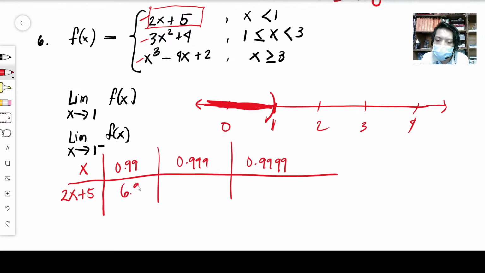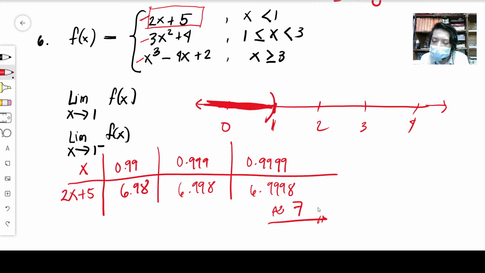Now when x is equal to 0.999, the value of your function is 6.998. Then 6.9998. And eventually, this will reach 7.